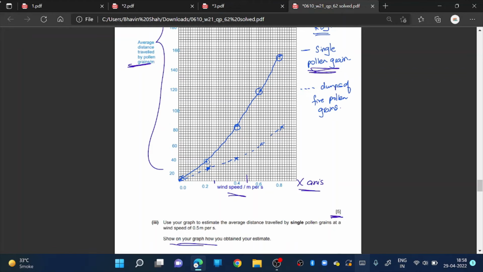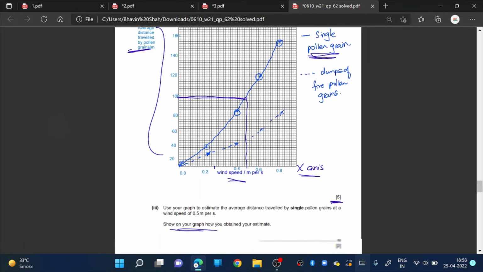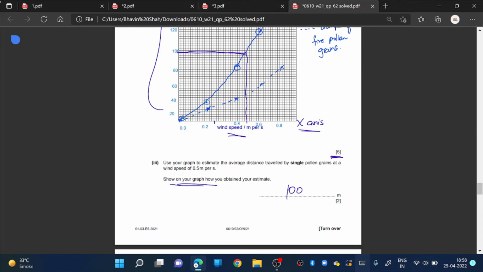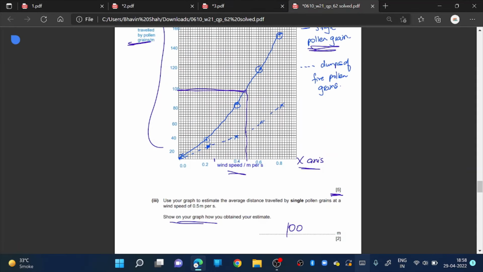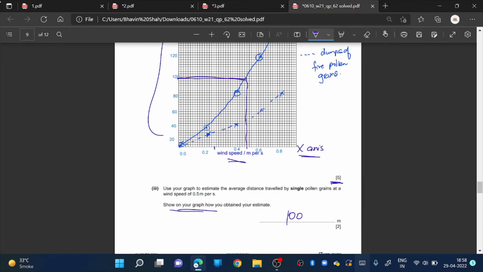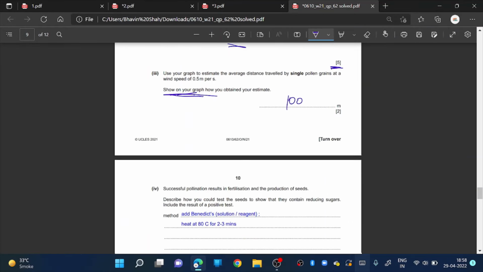So you are going to start going from 0.5 on this line of single pollen grain. You will mark it here, and it is somewhere around 100 meters. This is how you're going to write your answer. This plotting has to be done on the graph when they say show on the graph.